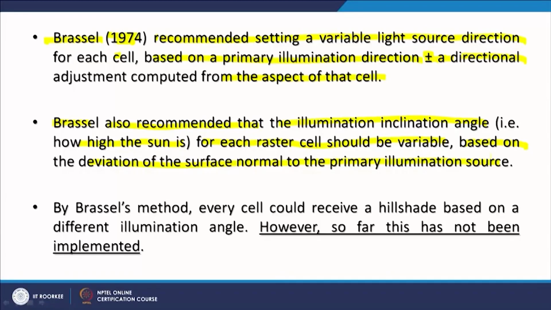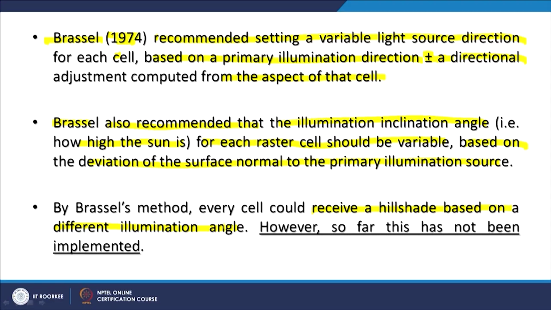And then in this method developed by Brassel, every cell would receive a hillshade based on a different illumination angle. So, in the case of single source illumination or conventional hill shading, what do we do? We keep both things constant, that means illumination direction as well as elevation.